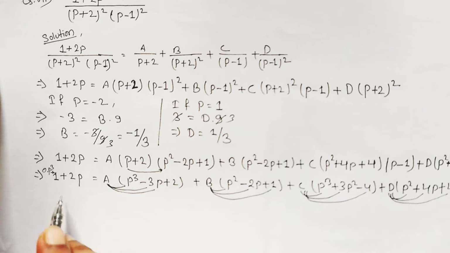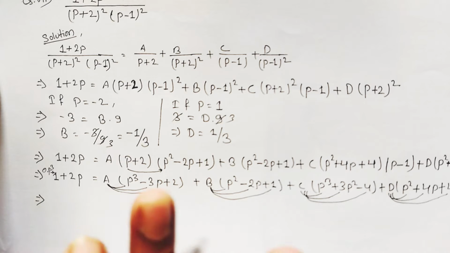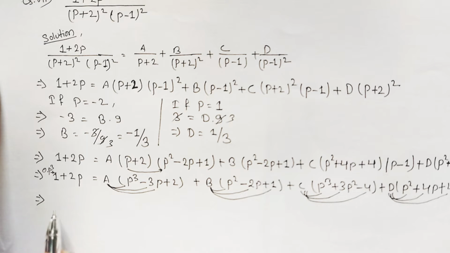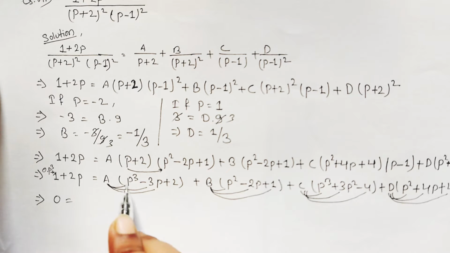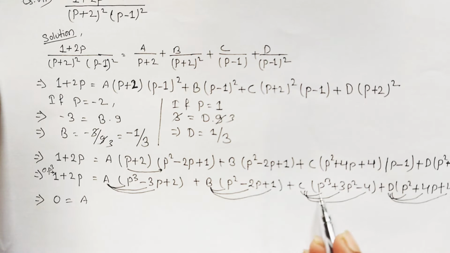We are going to compare the coefficients on the RHS and LHS. Here we have 0 equals A plus C, but we don't know the value of either A or C, so we will move to another variable.